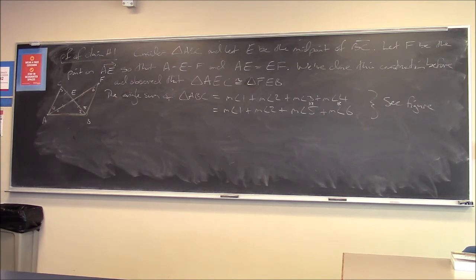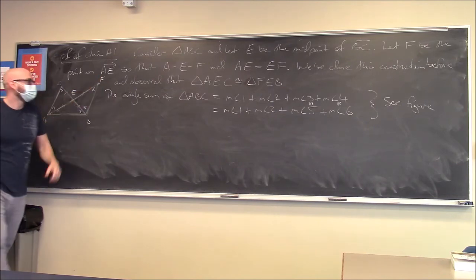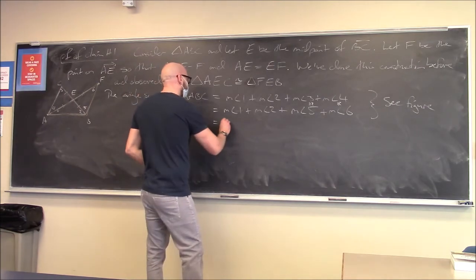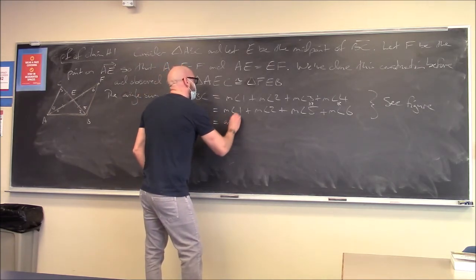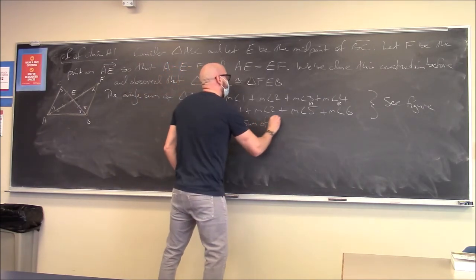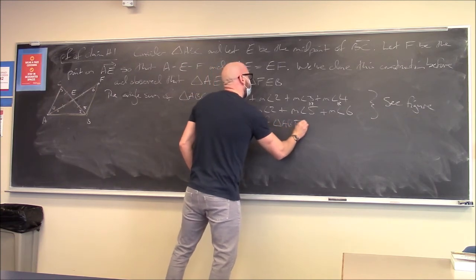Well, what is this second line? What's that the angle sum of? 1, 2, 5, and 6, that's the angle sum of the triangle ABF, right? Which equals the angle sum of triangle ABF.